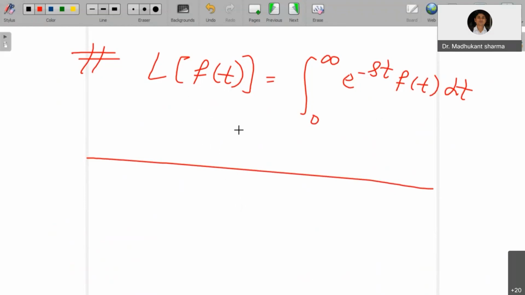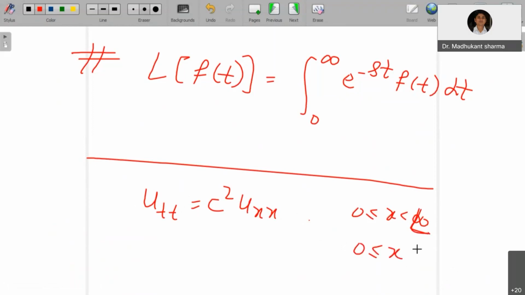Now, suppose you have the wave equation with c squared u_xx, where previously 0 less than or equal to x less than or equal to L, a finite length. Then you discuss 0 less than or equal to x less than infinity. Then you may also try to discuss minus infinity less than x less than infinity.